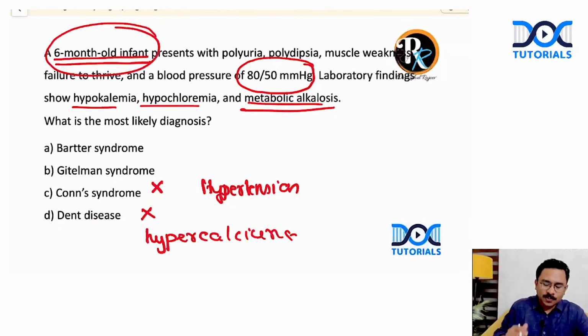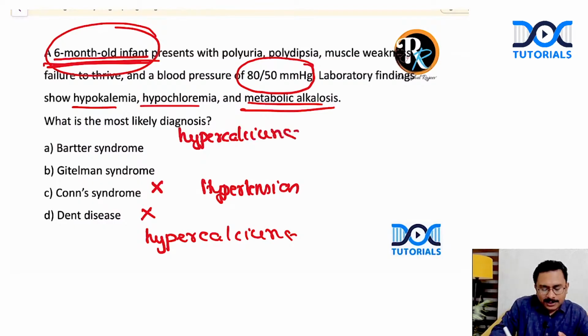Okay. So, considering all these features, that is the age of onset, there are many similarities between Bartter and Gitelman. Now, from the recall that I got from the students, nothing was mentioned regarding hypercalciuria. In Bartter syndrome, hypercalciuria will be there, and in Gitelman syndrome, there will be hypomagnesemia.